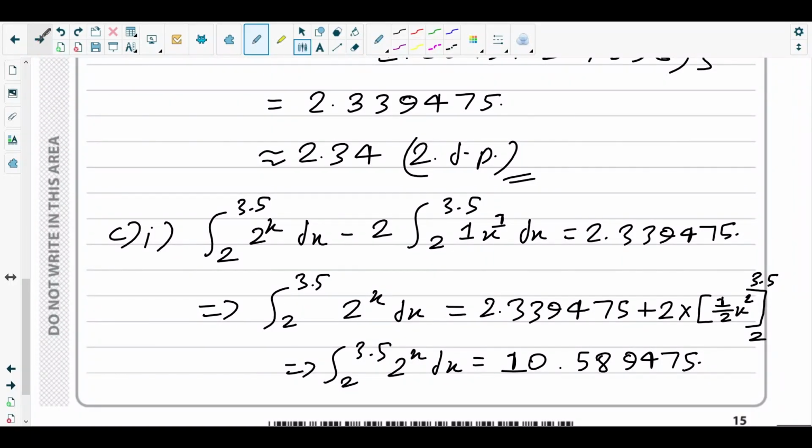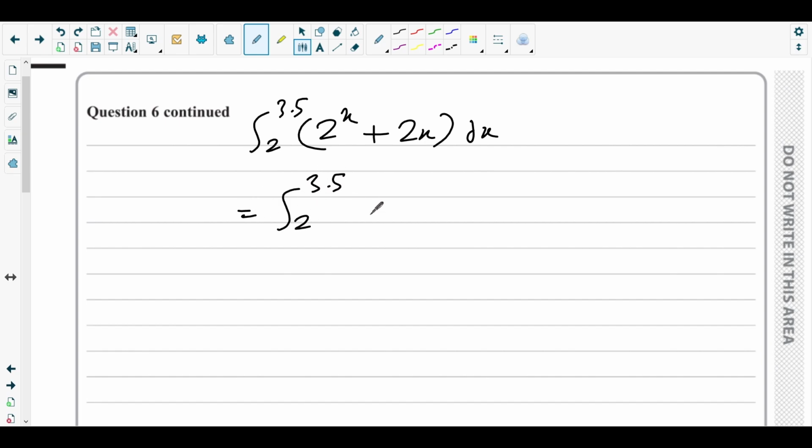Now in part C1 they are asking for the integration from 2 to 3.5 of 2 to the power x plus twice of x dx. This can be written as the integral from 2 to 3.5 of 2 to the power x dx plus 2 times the integral of x dx. Here we put the value for this one.